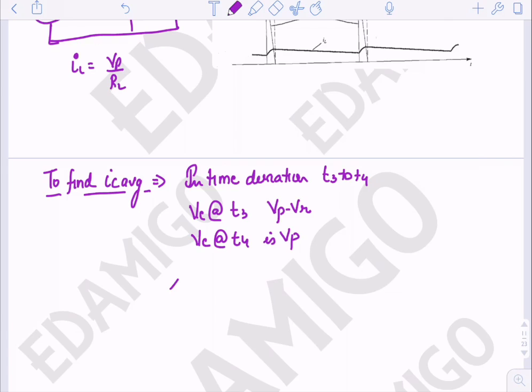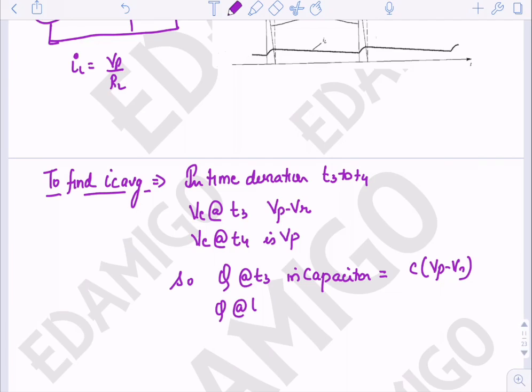So the charge in the capacitor at t3 was C into Vp minus Vr.